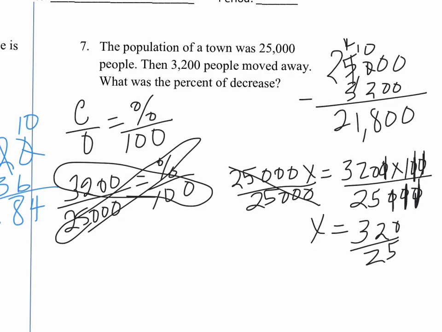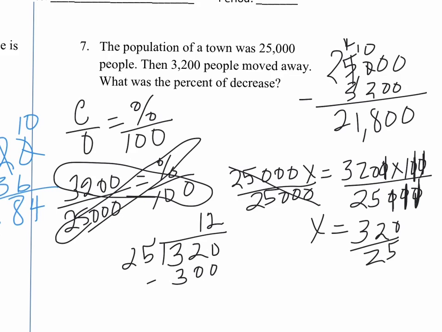Think about money when you're working with 25. How many quarters are in a dollar? Correct, there are 4. And so how many quarters would be in $3? That's 12. So 25 goes into 320 12 times.